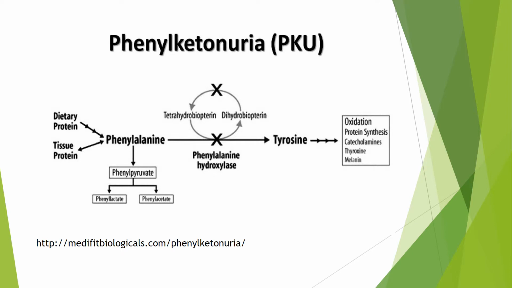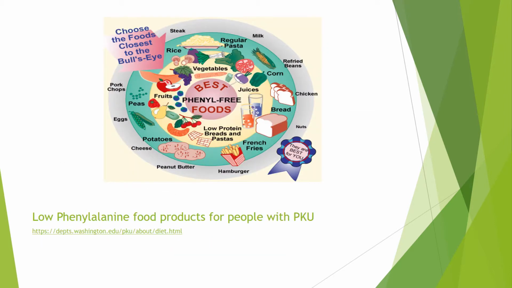Over here is just a brief picture that is a visual representation of the results of the absence of phenylalanine hydroxylase in PKU. Examples of foods that are low in phenylalanine are your vegetables, fruits, juices, and low protein breads and pastas.